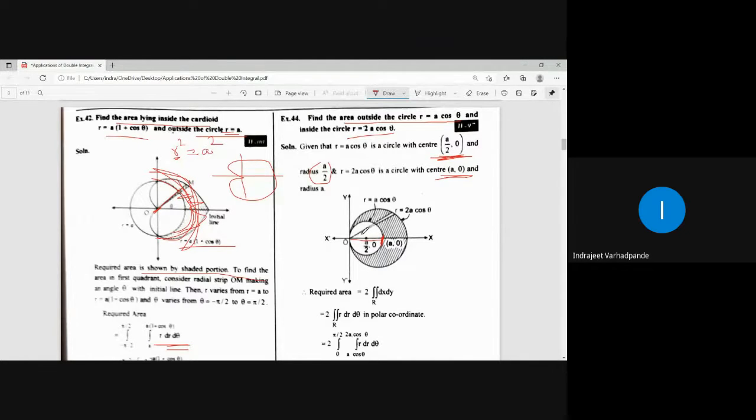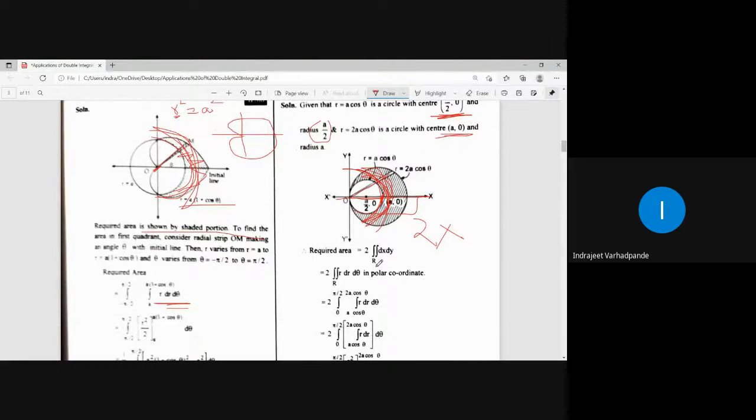So the radial strip will be originating from the pole, and the rotation of this radial strip will be the complete region to be identified. So double integral r dr d theta. But this is a symmetrical portion above the initial line, so take limits from 0 to pi by 2 and multiply by 2. Here also we can do that, as the portion is symmetrical. So minus pi by 2 to pi by 2 gets converted to 2 times 0 to pi by 2.